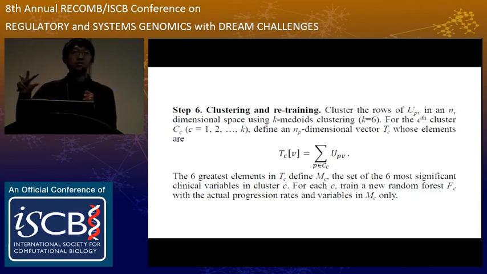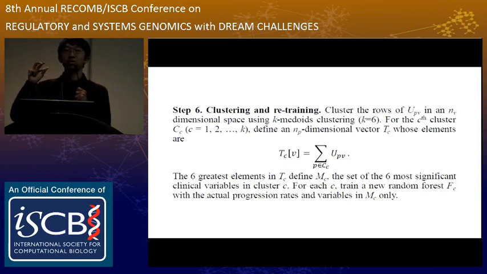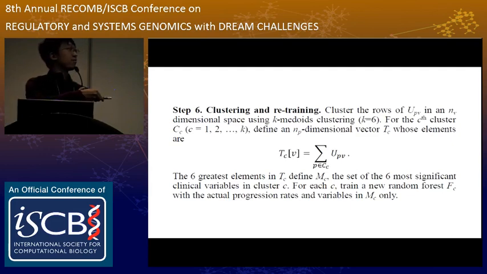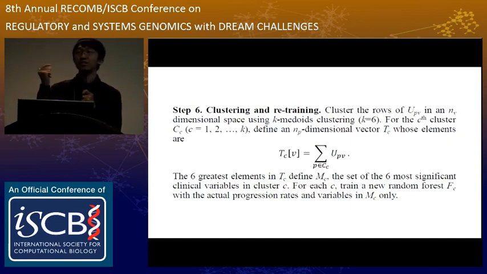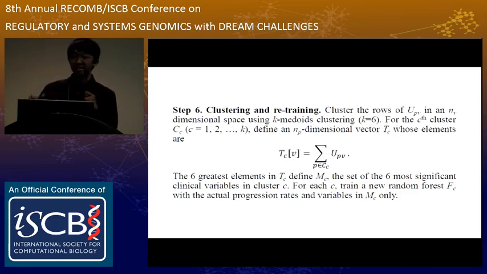Within each cluster, we calculate the total weight of each feature, so we sum over all the patients inside that cluster to get a weight list for all the features within each cluster. Then we just take the 6 greatest values of that aggregate weight as our selected features and use those 6 features to train a new random forest to represent that cluster.